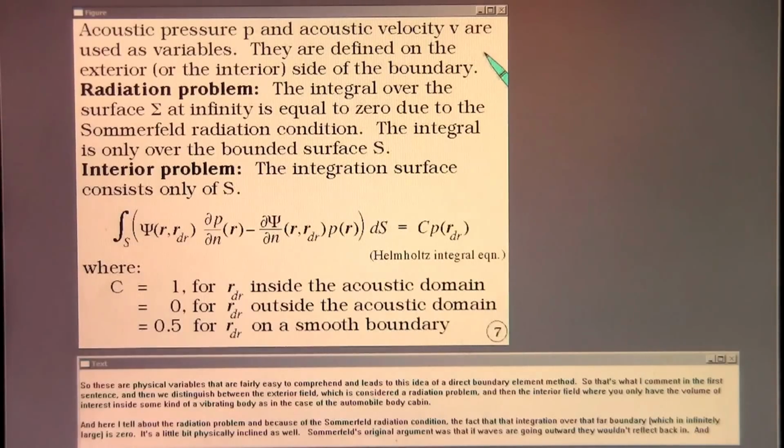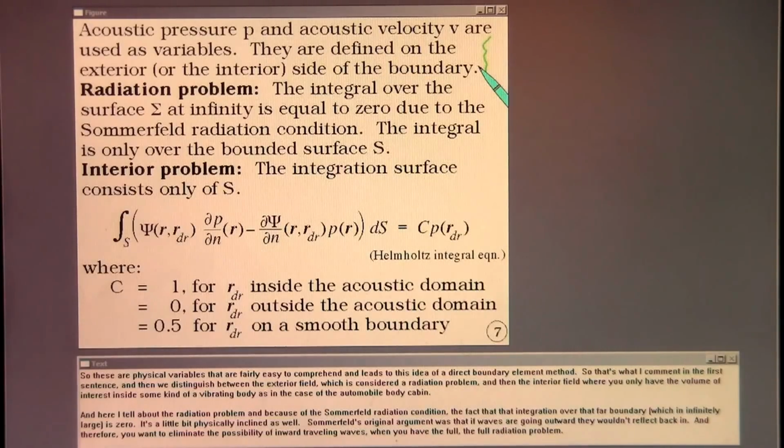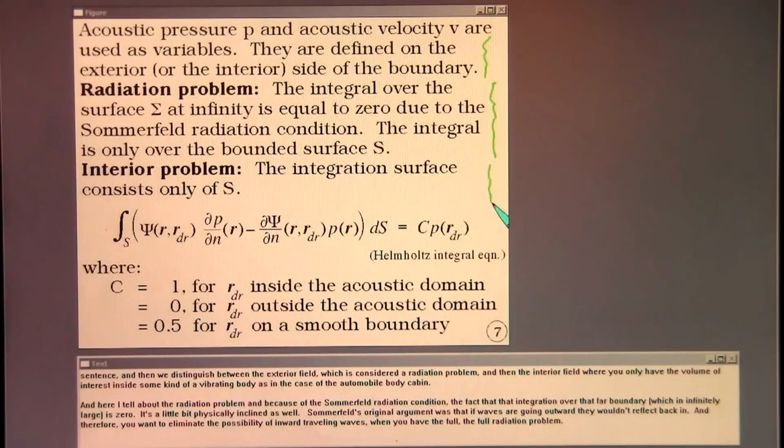That's what I comment in the first sense, and then we distinguish between the exterior field, which is considered a radiation problem, and the interior field, where you only have the volume of interest inside some kind of vibrating body, as in the case of the automobile body cabin.